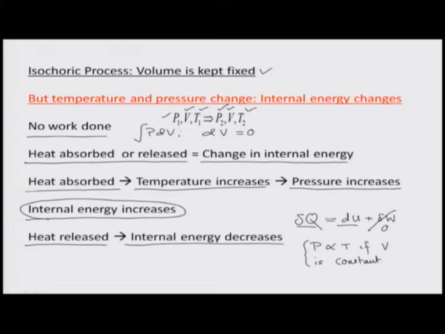Heat absorbed, system temperature increases, which also means pressure increases, and internal energy increases since temperature increases. In the reverse process, if delta U is negative or heat is released, that means delta Q is negative, then dU will be negative, internal energy will decrease, temperature will go down, and so does the pressure. So, this is the isochoric process.